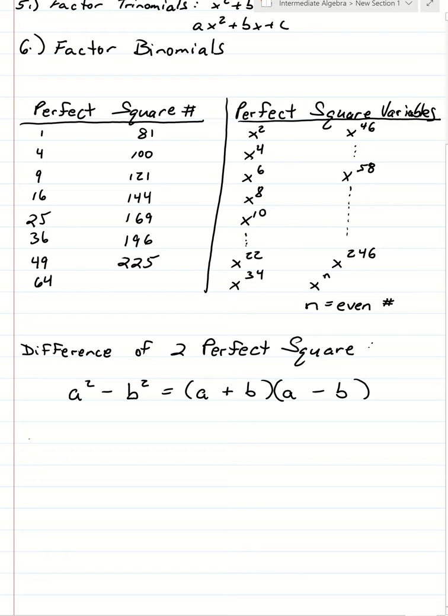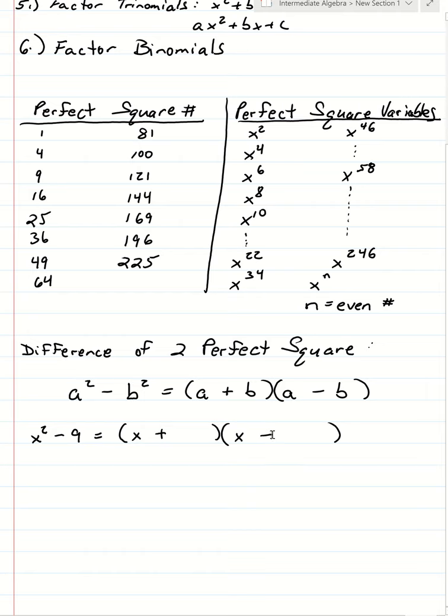So now let's take a look at that example once again. X squared minus 9. Okay? And so I'm going to set up my parentheses. Now we need to think about what would I have to multiply to form an x squared? Well, that of course is an x and an x. I know my signs according to the formula. One will be plus, the other will be minus.